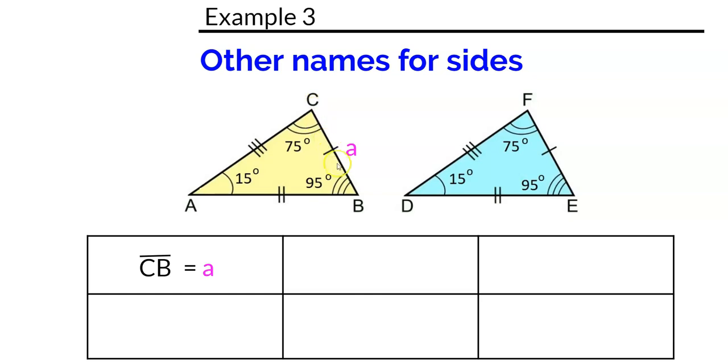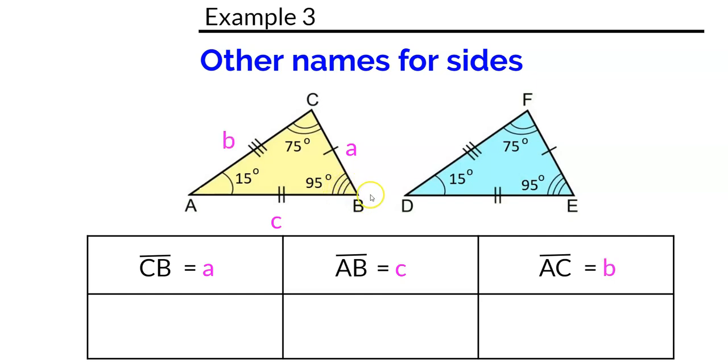So in this case, CB is equal to little a. If I look at line segment AB, it can also be called little c because the opposite angle is big C right here. And AC, the opposite angle that it looks at is this right here, so it will be called little b.